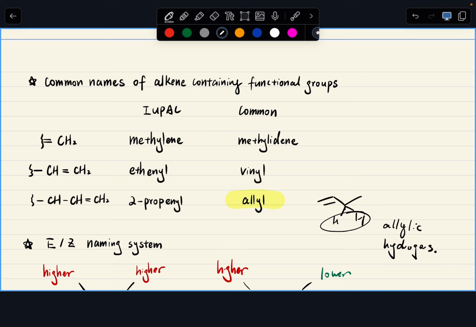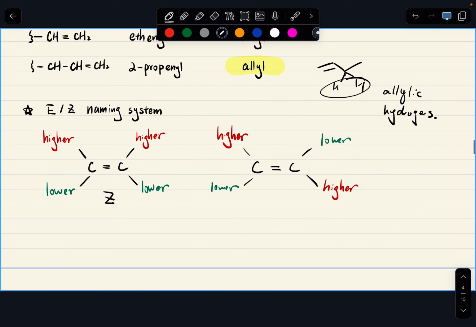Right. And like what we were saying, we have cis-trans stereoisomers of your alkene, or people also call them with the EZ naming system. So it's a little bit like your RS system for your absolute stereo configuration of a chiral center. For a double bond, we have the EZ naming system.